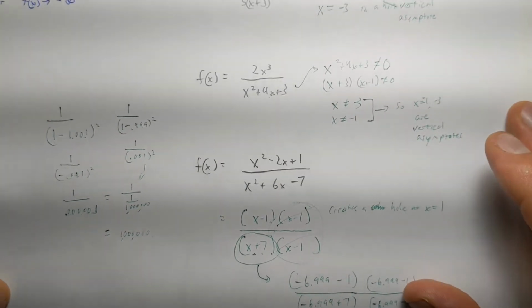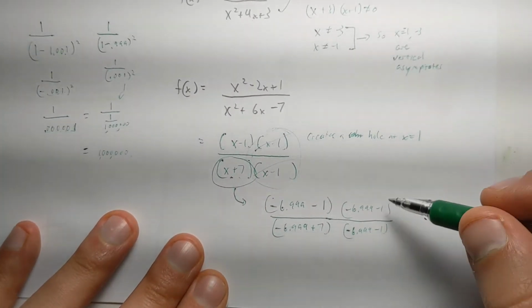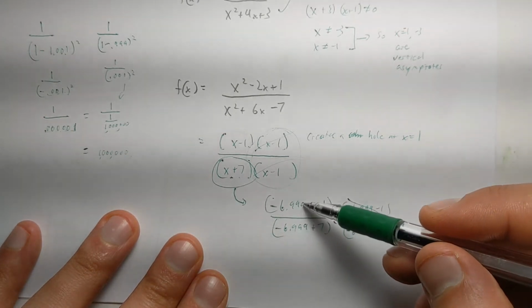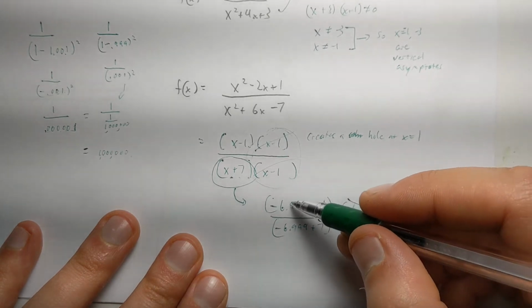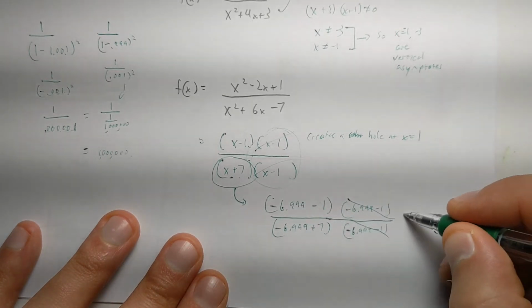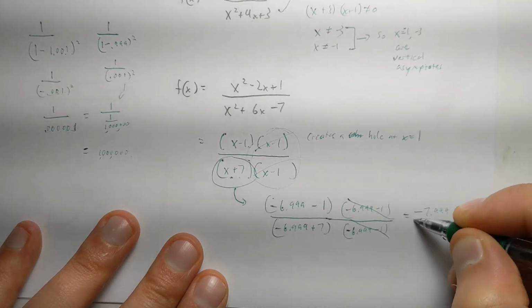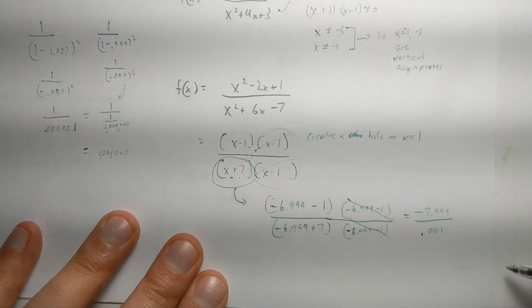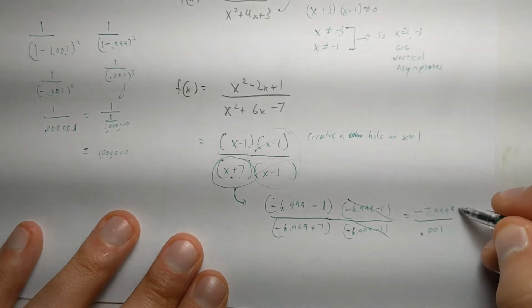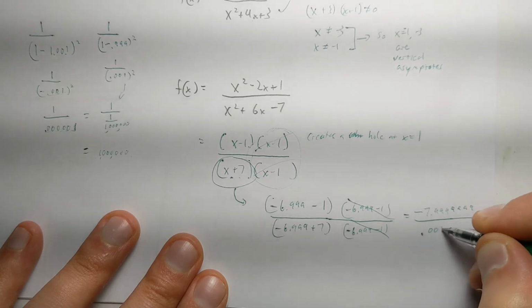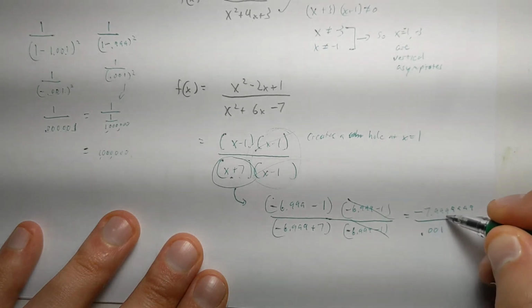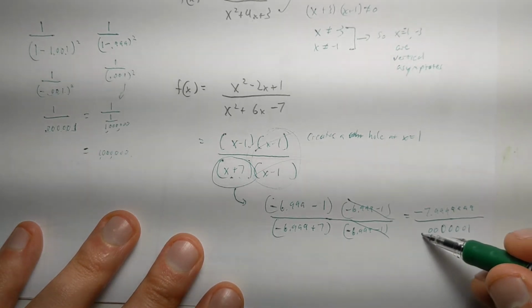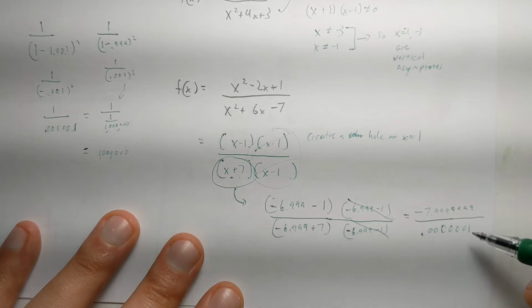These are essentially going to cancel each other out again. But right here, what's going to happen is that's going to be negative 7.999 over 0.001. And the more 9s I put in, doesn't matter. I can make this smaller and smaller and smaller. 0.0000001. This number on bottom is going to get really, really close to 0.